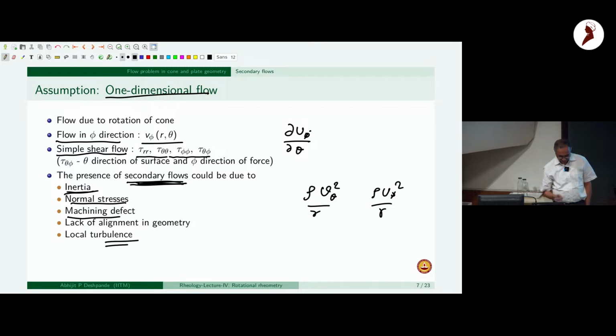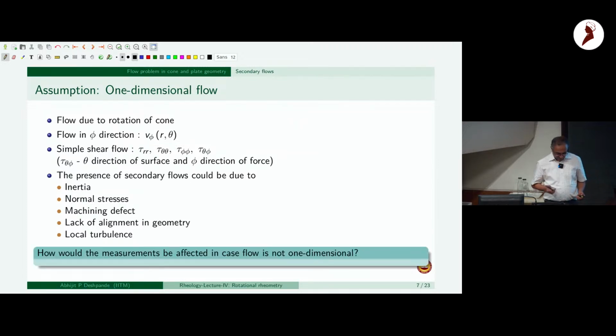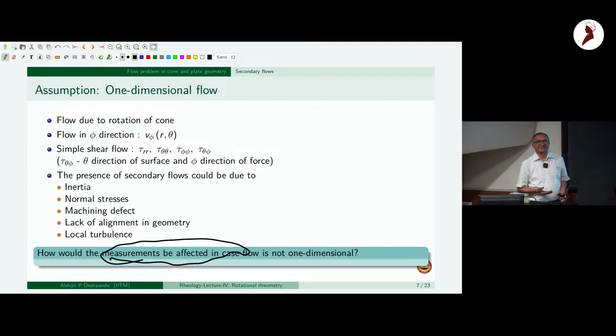And then there could be additional inertial effects, in terms of nonlinear dynamics setting in, turbulence setting in for low viscosity fluids. So one of the things is the judgment that we really need: what would happen, how would it affect the measurements? A priori, we don't know whether any of these is there. Of course, in the last 20 years, one advantage that is now there is we can do flow visualization.